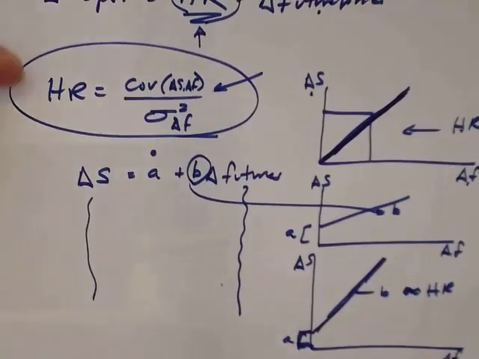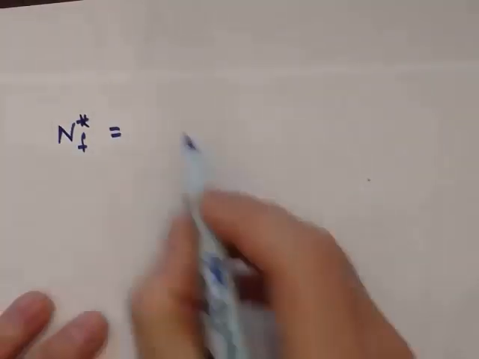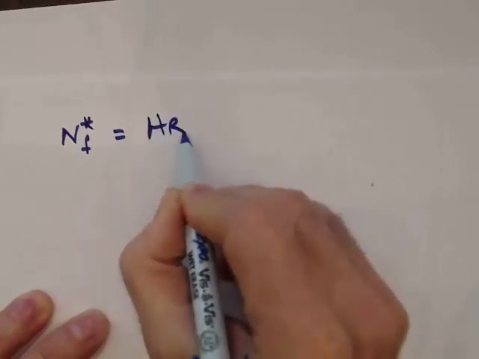So the bottom line is we want to take into consideration this hedge ratio being the covariance divided by the variance of the futures. And that's what we're going to call N star futures. N star, N meaning the optimal number of contracts, and that's what the star means, optimal. And F means the optimal number of futures contracts. So the optimal number of contracts to put on a cross hedge boils down to this, and this is what you need to know.